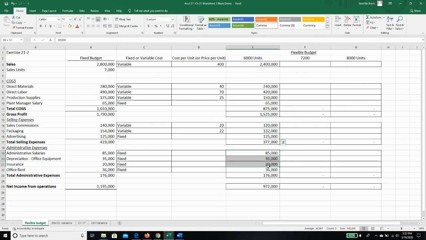And when I add up my administrative expenses, they add up to 176,000. So to get my net income, I'm going to take my gross profit minus my selling expenses minus my administrative expenses, and that gives me my net income of 972,000.